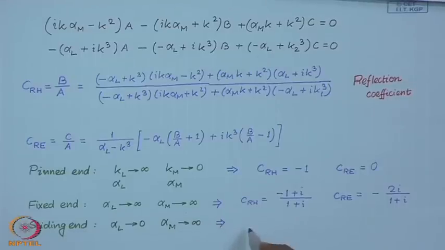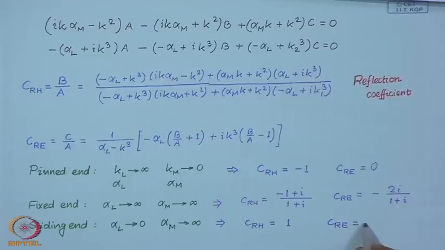In that case the reflection coefficient for the harmonic wave is 1 and the reflection coefficient of the evanescent wave is again 0. So, we see that now there is no phase inversion, the phase change is 0. The wave will get reflected without any phase change, and there is no evanescent wave generated because of this.